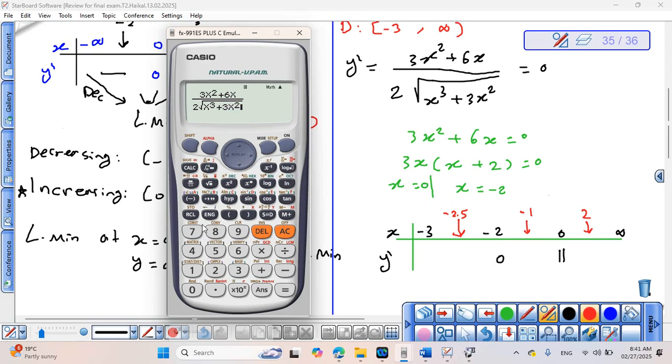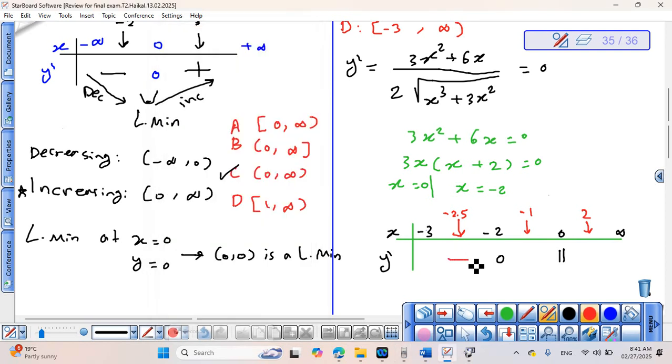Then calc negative 2.5. The answer is positive. Good. That means it is increasing in this interval from negative 3 to negative 2.